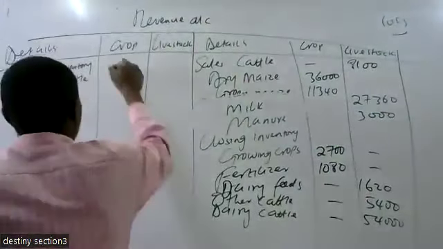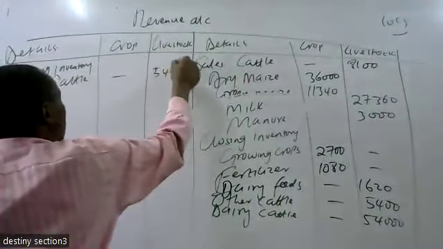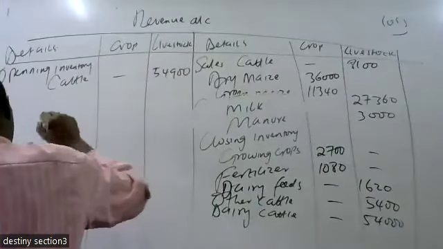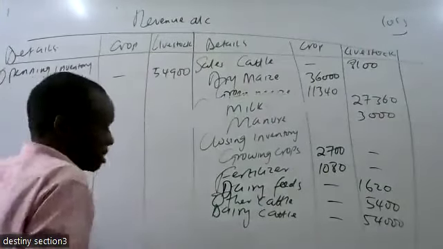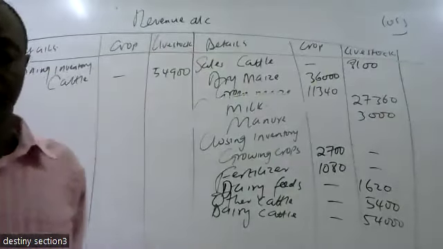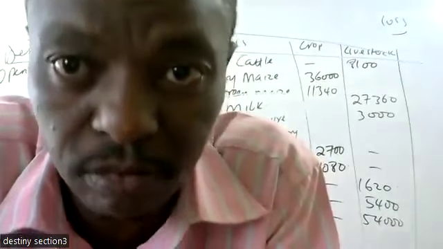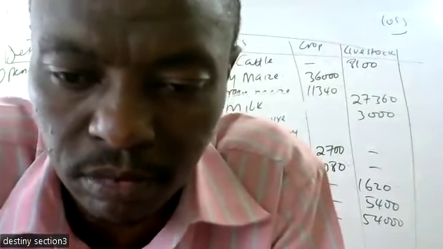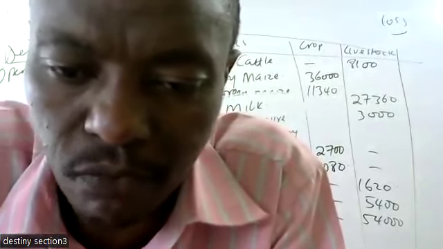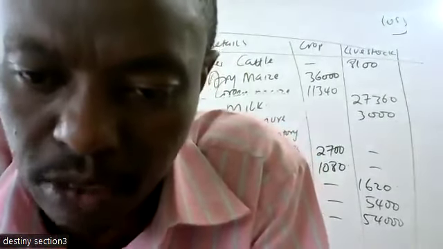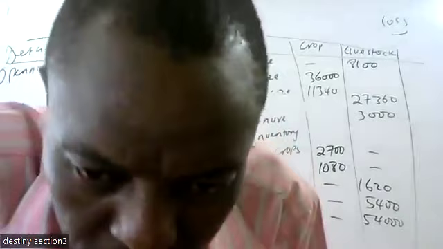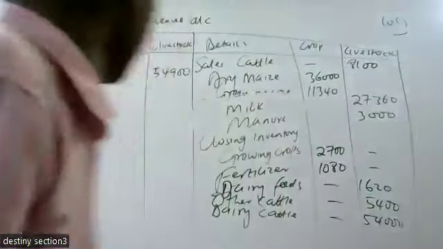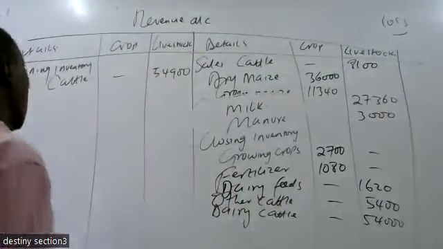$54,900, right? It goes to livestock. We have opening inventory of what? What else? We also have opening inventory of, apart from growing maize, that 600 goes to crop.